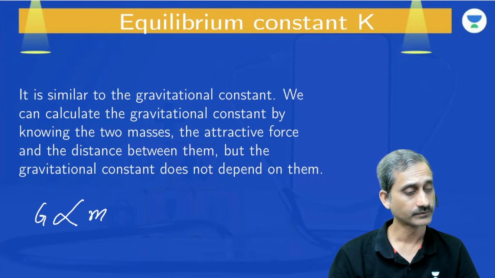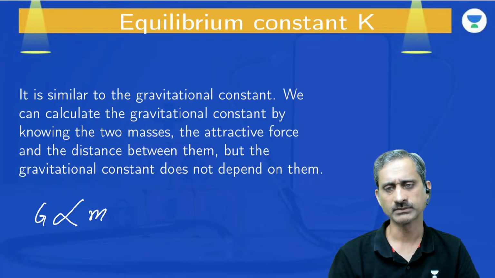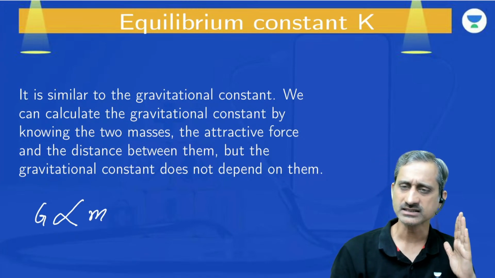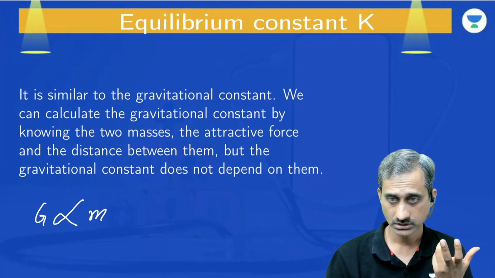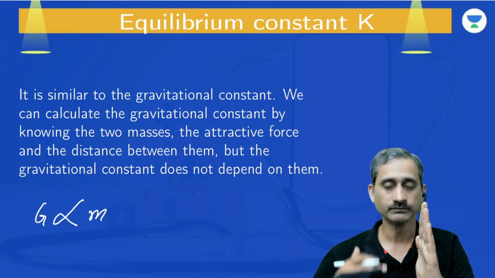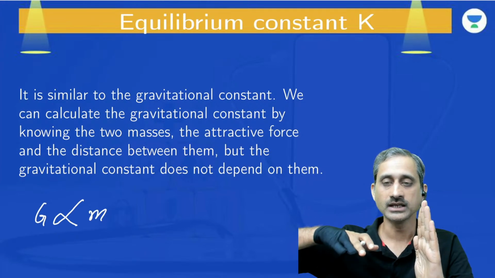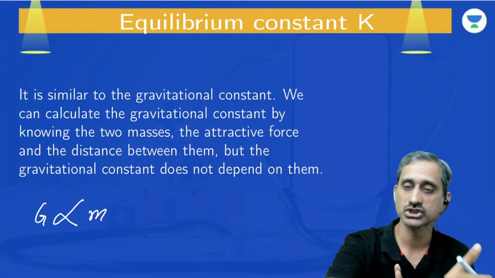Fine. In the same manner, when we talk about the equilibrium constant, it does not depend on the concentrations at equilibrium. It's something like a toll plaza. You are driving and you say, I have reached the toll plaza. My location is the location of the toll plaza.